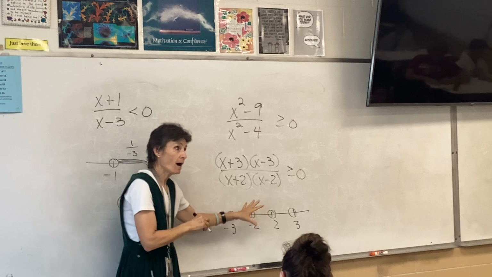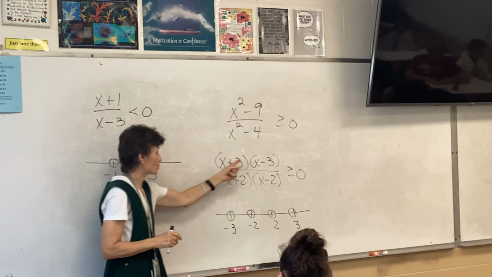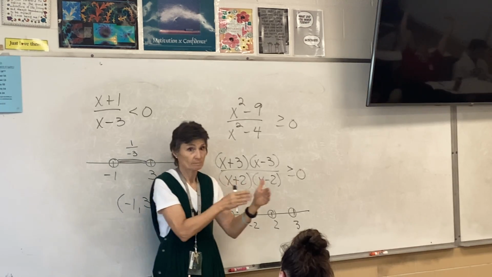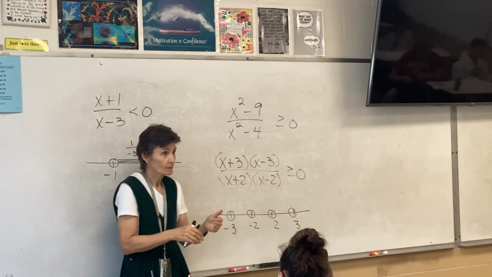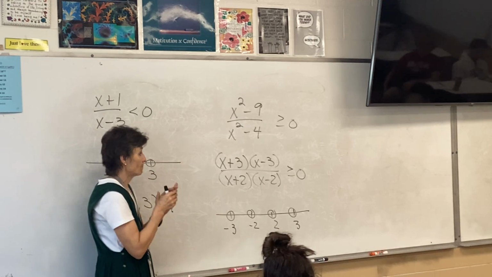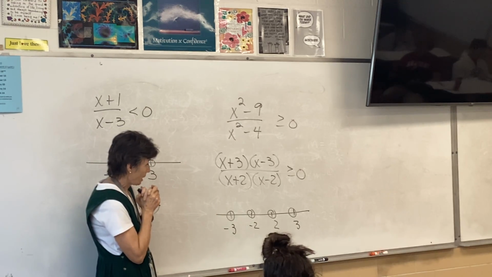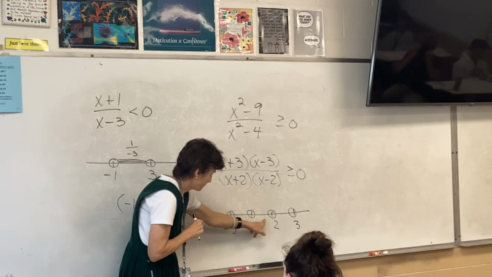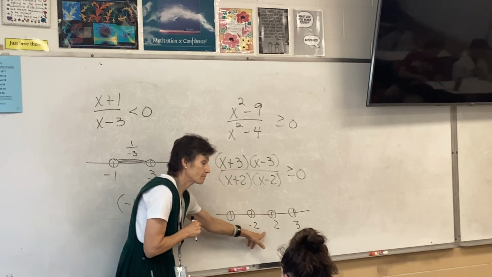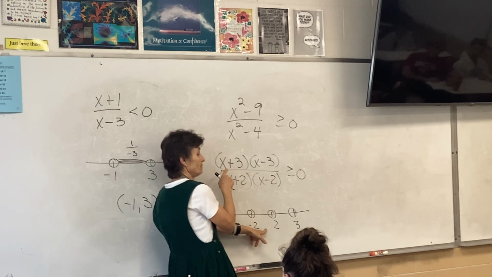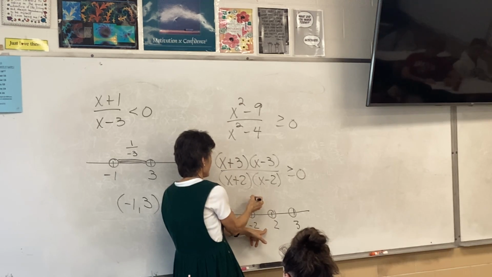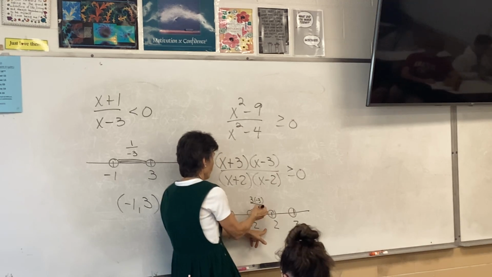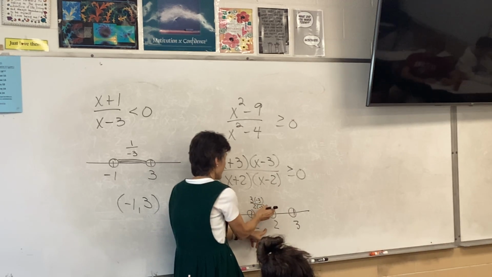Now, there's a lot of dots, but that doesn't change anything. There's no squares on any of these. So when I figure it out, I'm gonna be shading every other one. I just need to figure out something. I don't care what you use to start with. I'm gonna use 0. 0's right here. So I'm gonna put a 0 in. And I get 3 times -3 over 2 times -2.